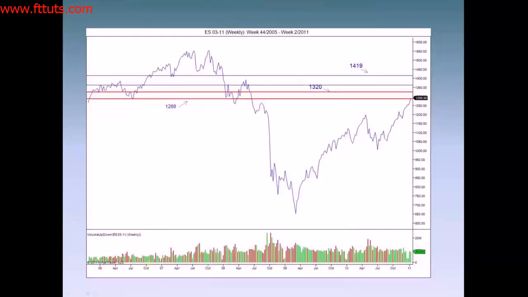All right, so now looking at the chart a little bit further, but on a weekly chart this time, if we were to go higher than 1320, 1419 would be a key level, and then we have another level here at about 1360.